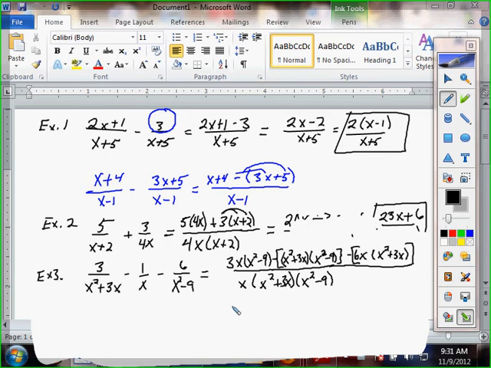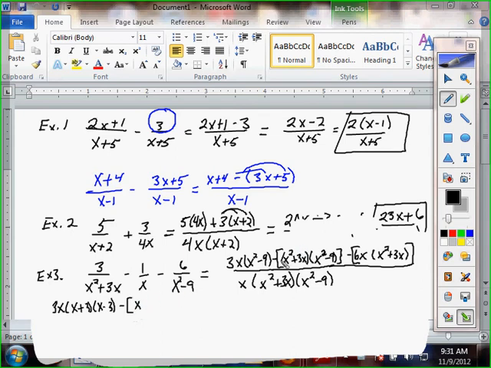So I'm just going to start first of all by just simplifying. And sometimes it doesn't really matter which order you go in. What I'm going to do is begin to simplify inside of each bracket here and distribute. Well, first what I'm going to do is this piece right here, factor it. So this becomes 3x times x plus 3, x minus 3, minus, and I'm going to keep my bracket for a second.